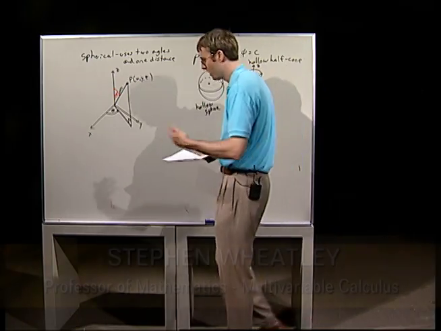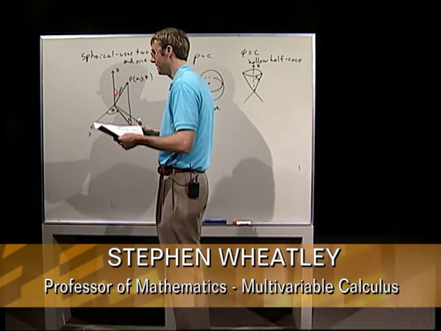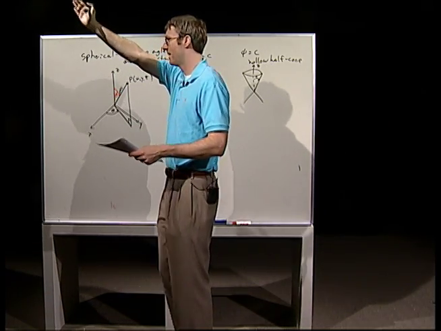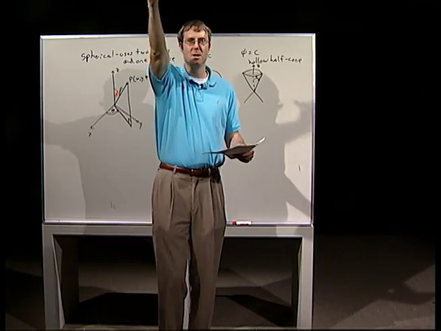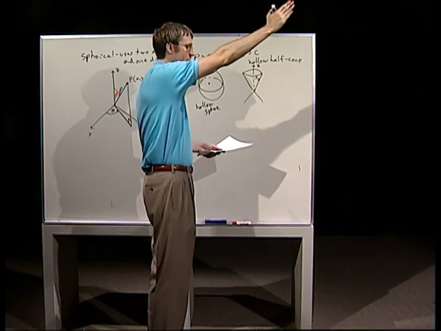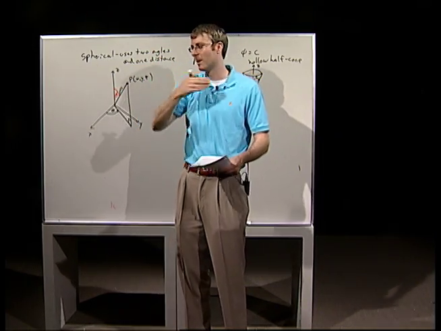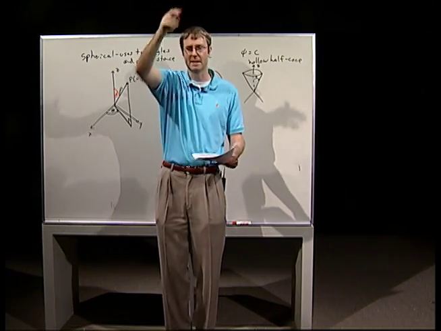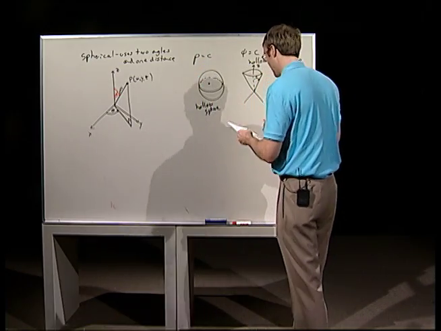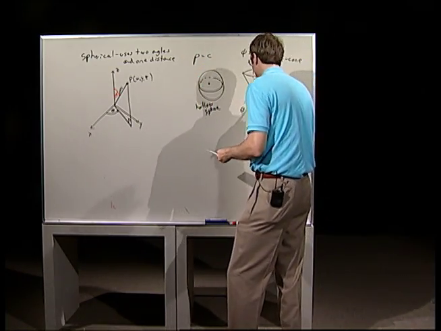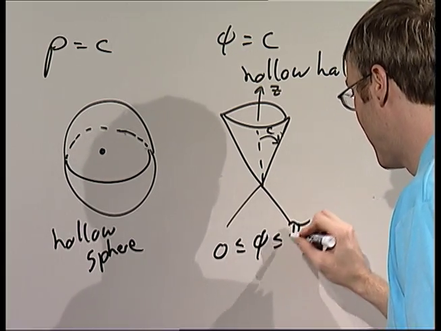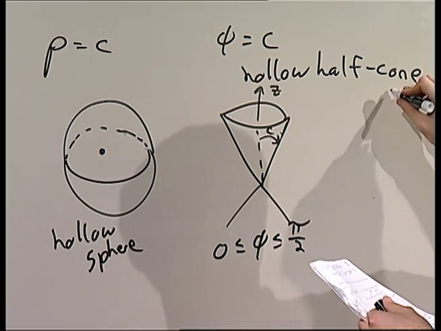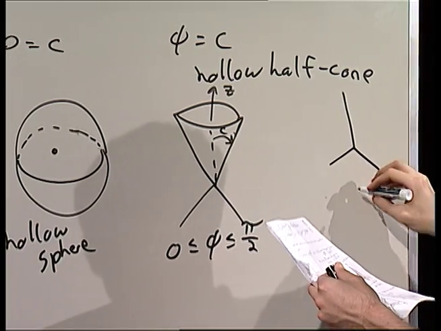And again, it doesn't matter what way I orient myself. Whether I'm facing this way and I put my arm out, and let's see if I can not knock the board over, if I turn myself, moving in a circular motion, I'm rotating around the axis. You see that all these points are sweeping out a circular arc around me. My arm is at a fixed angle, and I sweep out a circular arc as I rotate around the z-axis. That's why this is a hollow half cone. And this top one is when phi is between 0 and pi over 2, because you're above the xy plane. If you're below, then you look something like this.